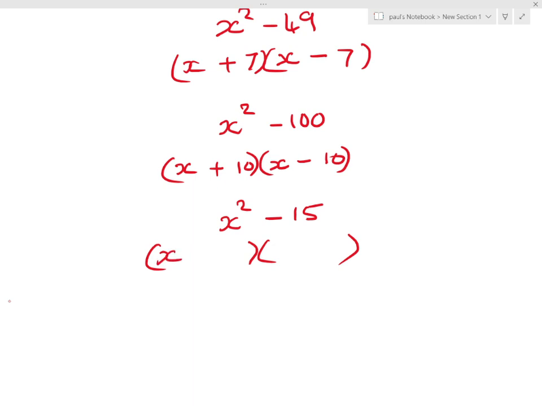So this is the way we get around this. We put the x squared in, and to write the square root of 15, we just do square root of 15. Yeah? We don't know what it is, but we know that the answer can be written like this, square root of 15. That's it, difference of two squares. And that's all there is to that one.